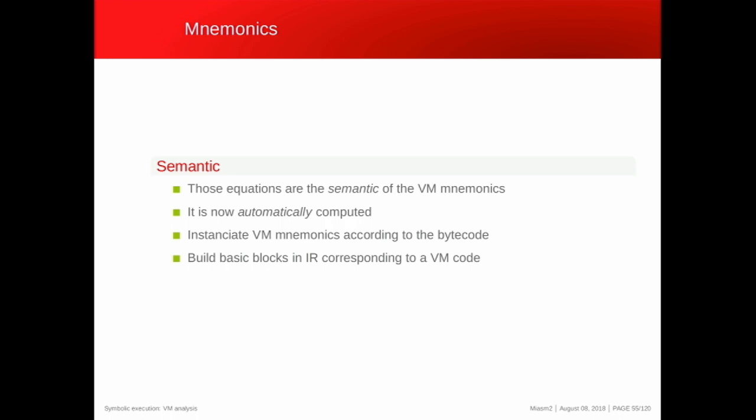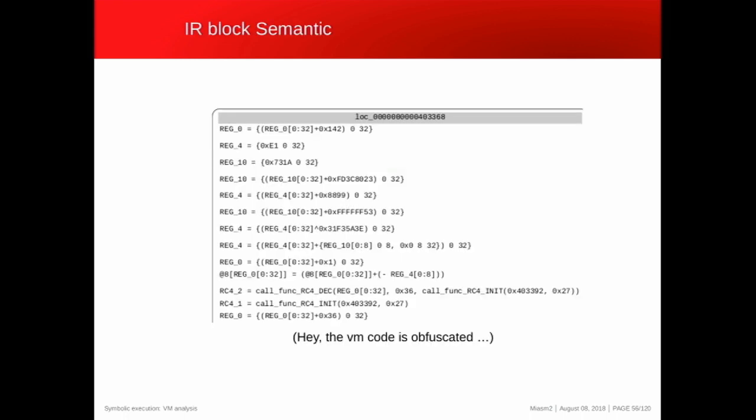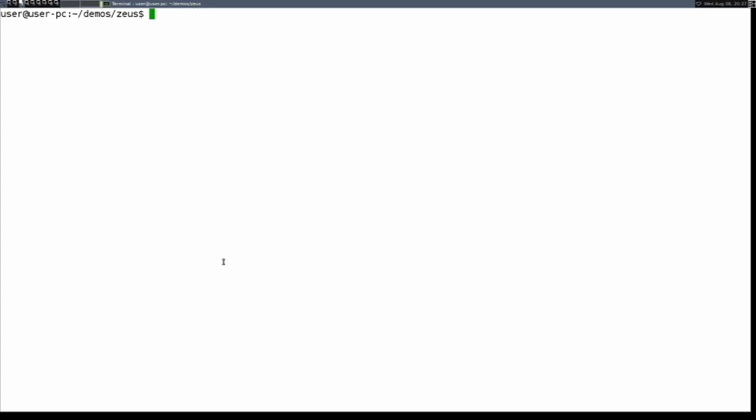And now the interesting thing is that we can disassemble the bytecode, re-inject the generic equations and instantiate them using the native bytecode. So we can get back the intermediate representation of the VM bytecode. So when we disassemble this, we recover, we will do a demo of this.